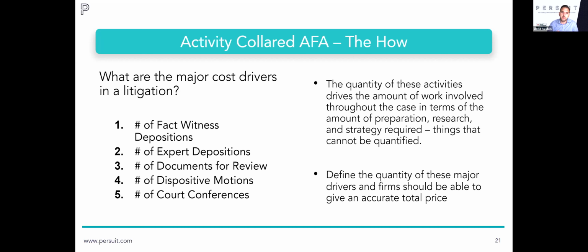So these drive the cost of everything else. So if you can quantify the major things, then you're going to be able to get multiple bids from multiple firms as to the total price, as well as the price of each of those cost drivers, so that if there is a material deviation, you know exactly how much to increase or decrease the total by.